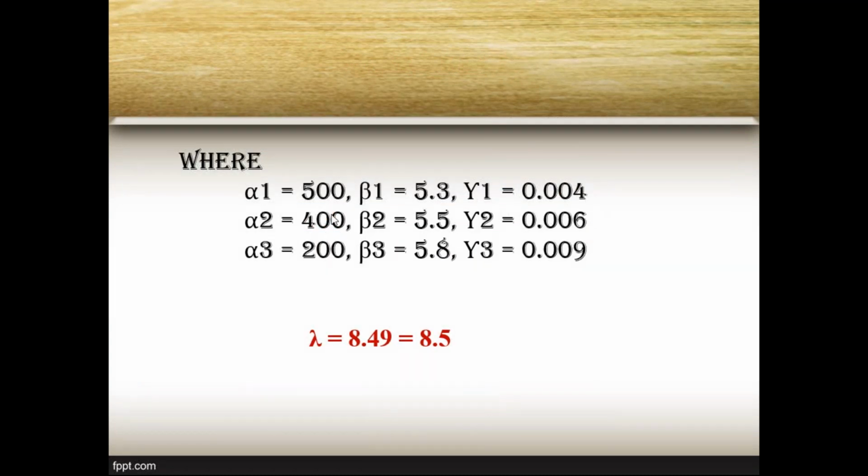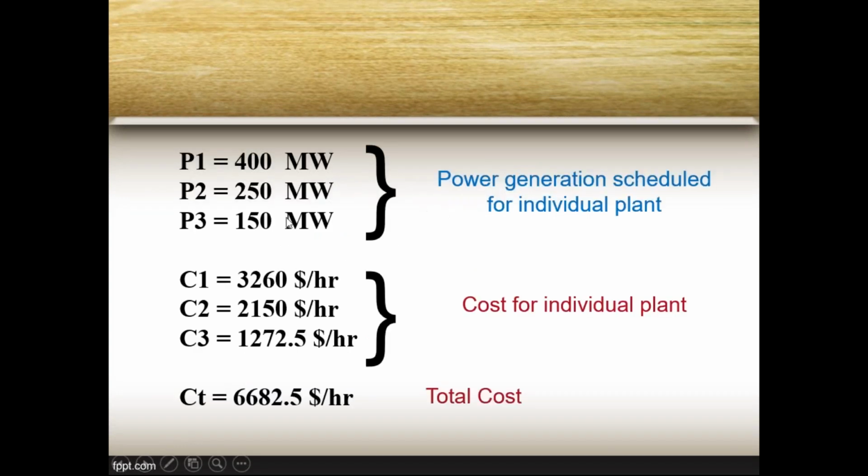After separation of all parameters, you will get 9 parameters like this, and this is the lambda value. After finding Pg1, Pg2, Pg3, this is the power generated by each plant after scheduling. If you add all three values, you will get the total demand of 800 megawatts. After finding these three values, they asked to find the total cost in our problem.